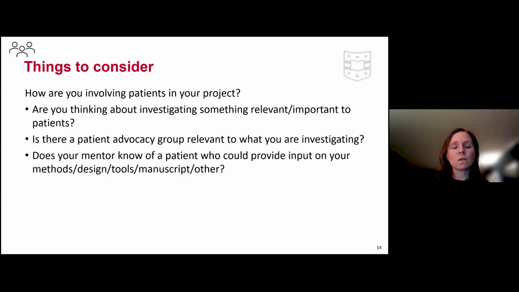And then you can also talk with your mentor to think about, hey, if there's not an organized patient group that would make sense to partner with, does your mentor actually have a patient or have a colleague who has a patient or a parent or an advocate who could provide input? Could they vet your survey materials? Can you say, hey, we're going to look at eczema and we want to think about itch and sleep, and they could provide input.